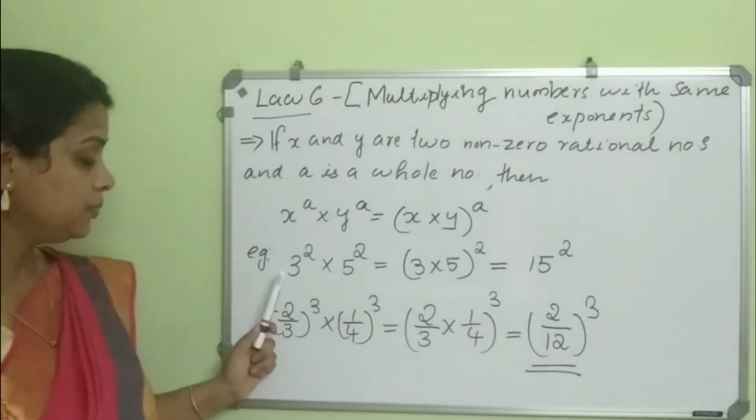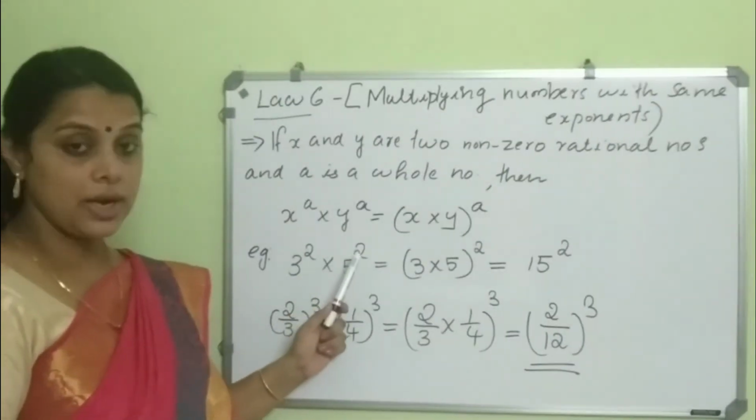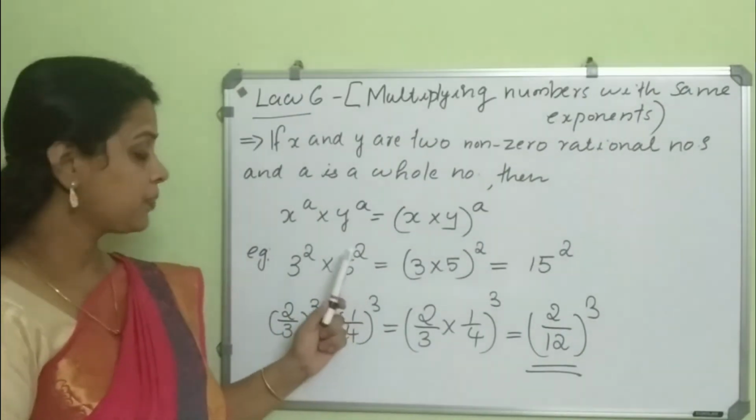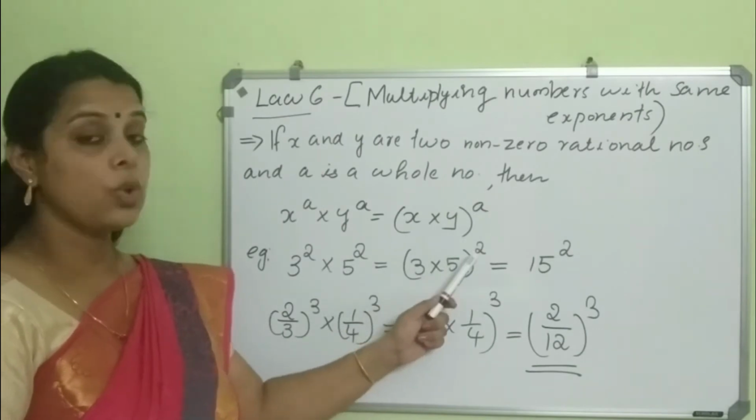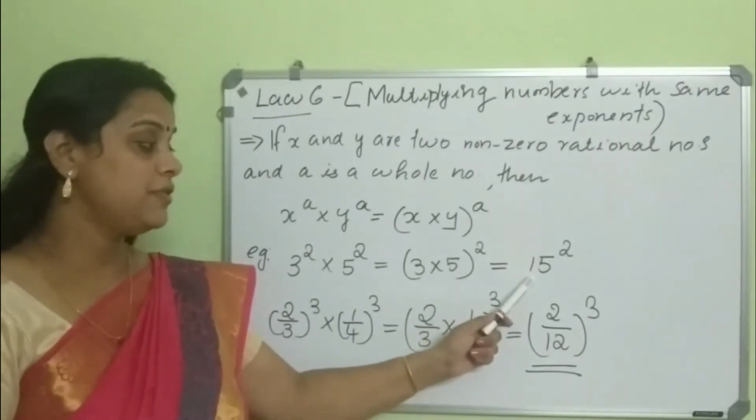For example, 3 squared into 5 squared is equal to 3 into 5 squared. That is 3 5s are 15, 15 squared.